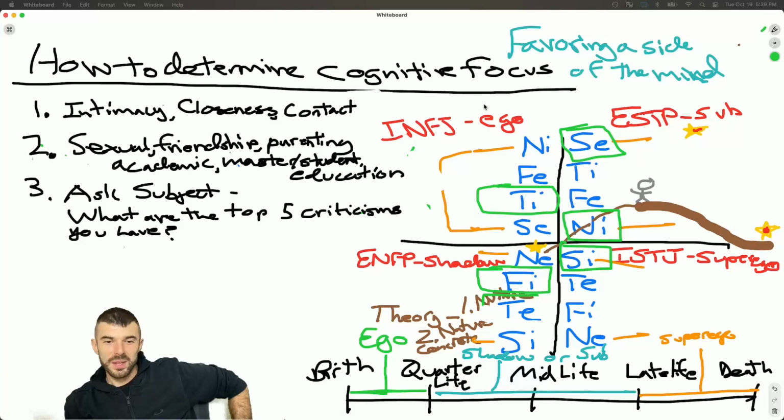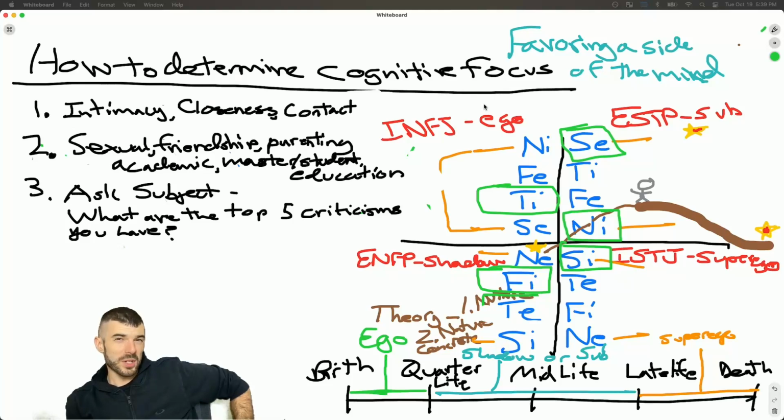So yeah, I think by helping people understand how cognitive focus works a little bit more and how it manifests in a person's behavior, to be aware of concrete versus abstraction, how that may change the shadowish sub-focus between quarter life and late life, etc. And then whether or not their nature, nurture, and gender also come into play, because that can make some changes.